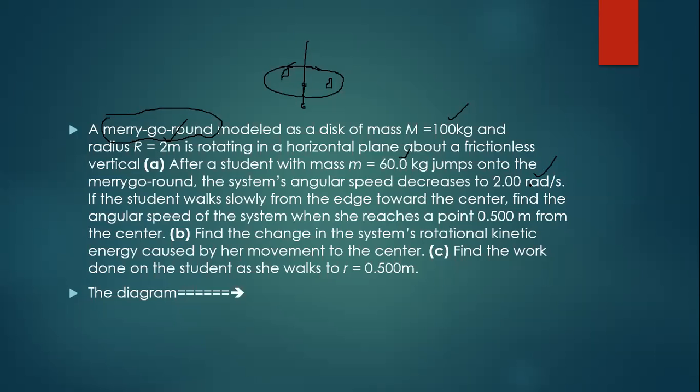Now this is not impulse. Impulse is when a torque is applied, but here mass is just added. When mass is added to the system or a collision takes place, angular momentum is conserved. So the speed has decreased to 2 rad/s.